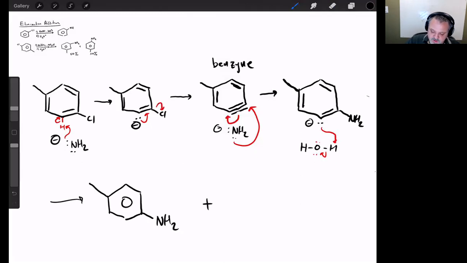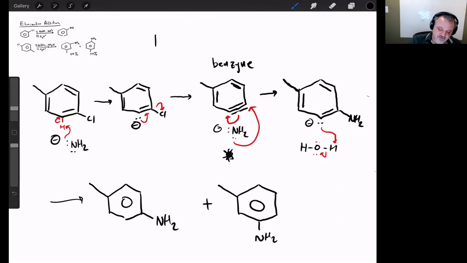And then the other product we didn't show, the other mechanism we didn't show, just depends on which side of that benzyne intermediate the next nucleophile adds to.